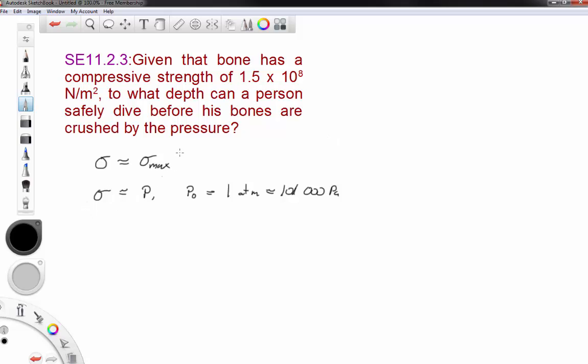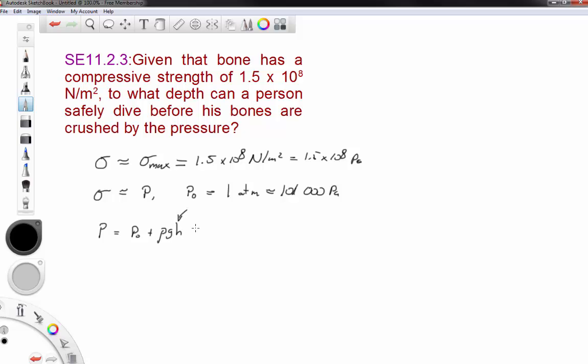P max is 1.5 times 10 to the 8 Newton per meter squared, or if you'd rather, that's 1.5 times 10 to the 8 pascals is the equivalent unit. So P is going to be P naught plus rho g h.